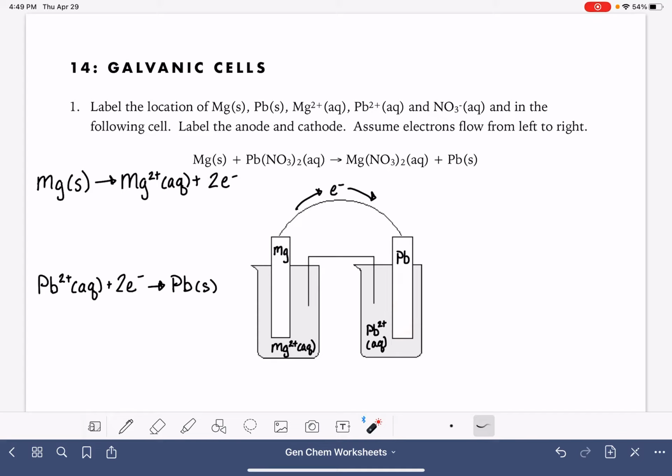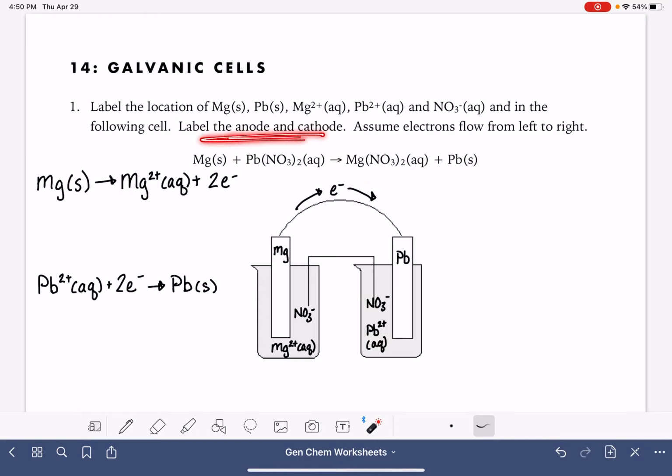So this is what our diagram is going to look like. We're being asked to also label the location of the nitrates. The nitrates are everywhere. We've got nitrates with the NO3- ions. We have them with the lead, so they're on this side, and we also have them with the magnesium, so they're on this side as well.